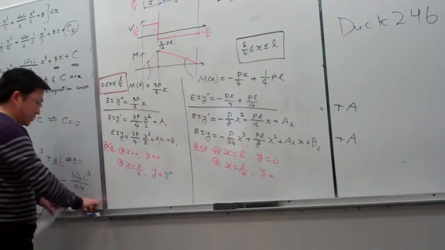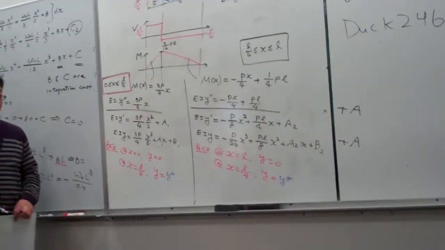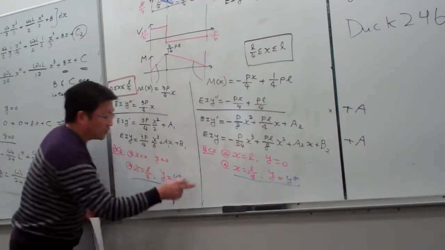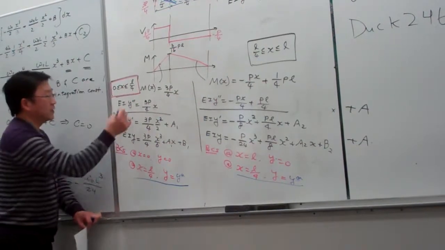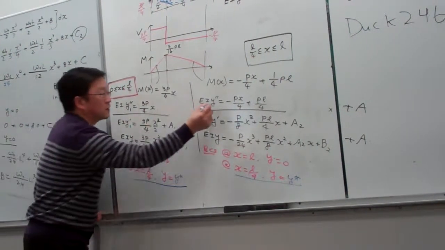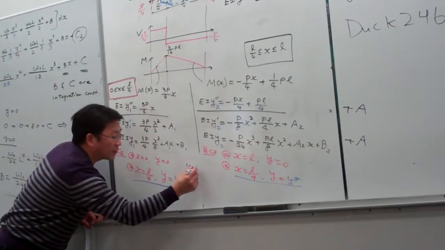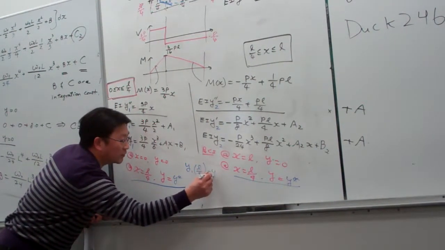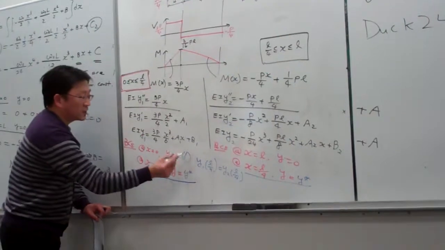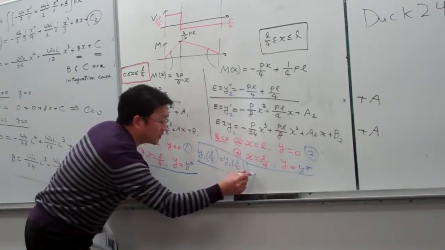So combining both equations, to make this distinguishable, let me call this y1 and this y2. So that means y1 at L over 4 equals y2 at L over 4. So this is boundary condition 1, this is boundary condition 2, and this will be boundary condition 3.